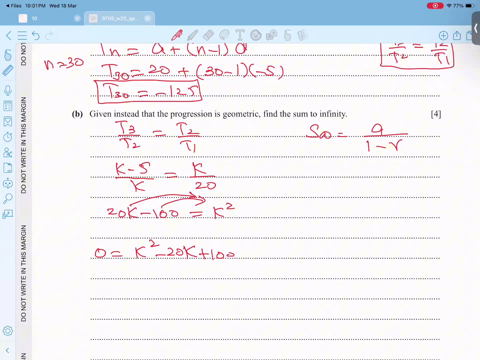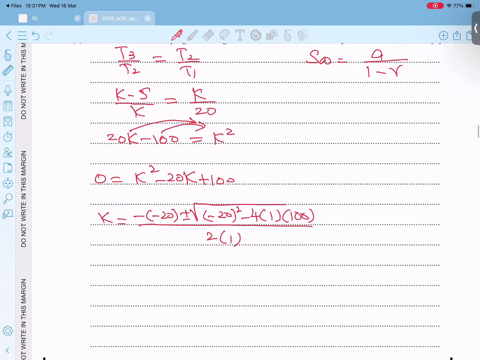Now I can factorize, or I can go for the quadratic formula. I think I can apply the quadratic formula here. Negative b plus and minus square root of b squared minus 4ac, over 2a.